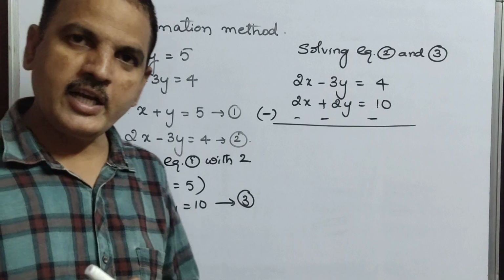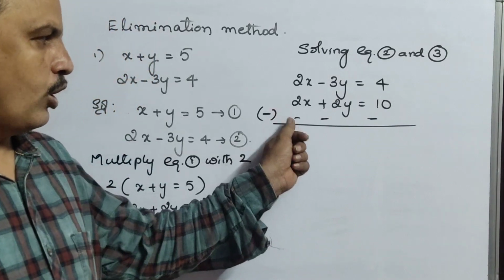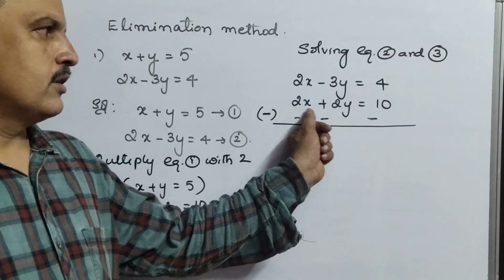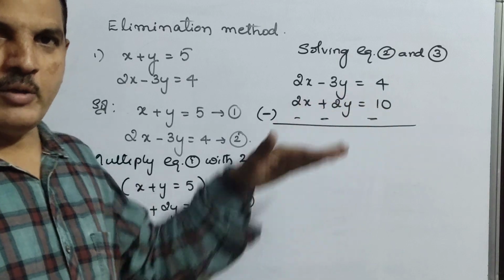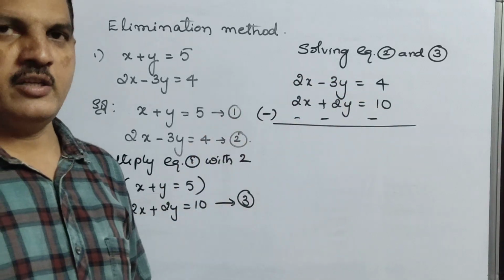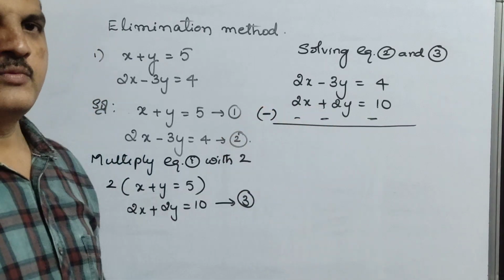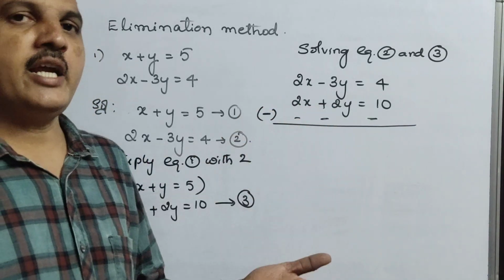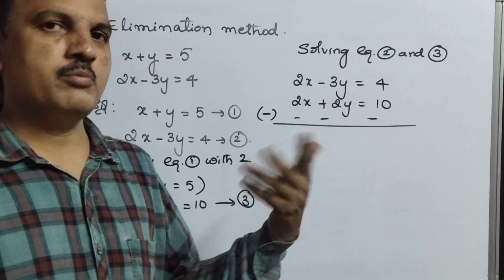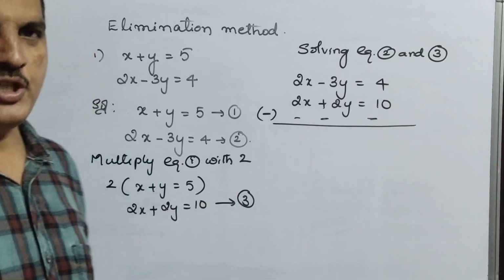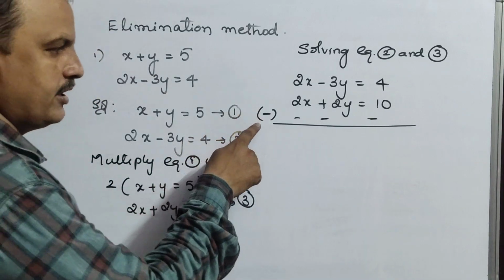When you are doing subtraction, all the symbols of the equation will change. Why? Because when you are subtracting, you are multiplying with minus, so automatically the symbols will change. The same thing happened here.